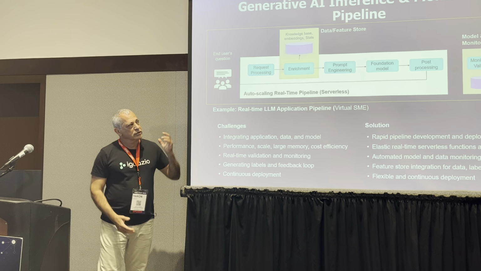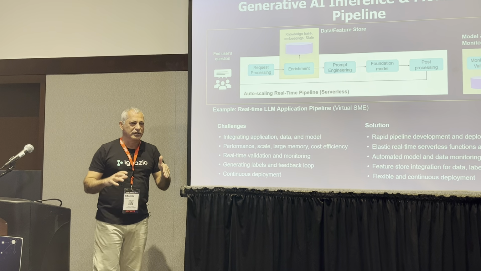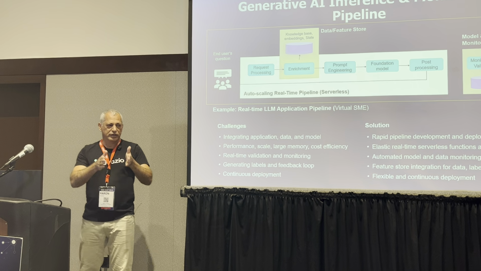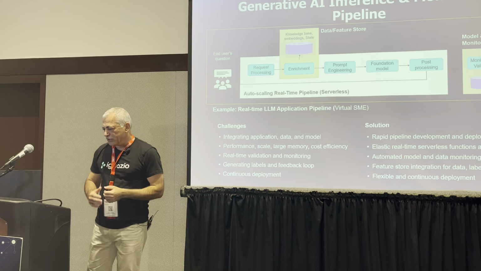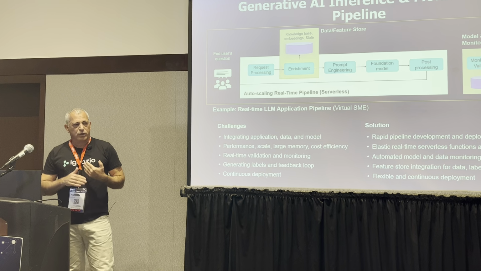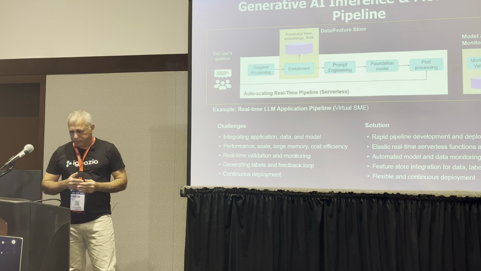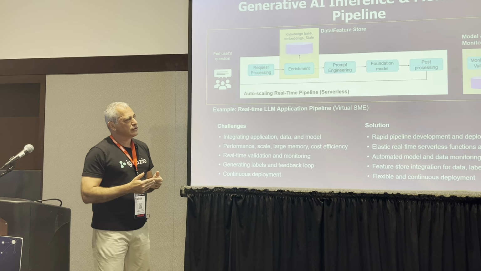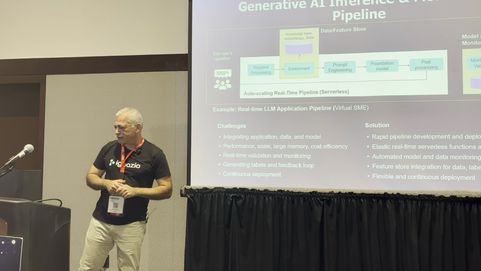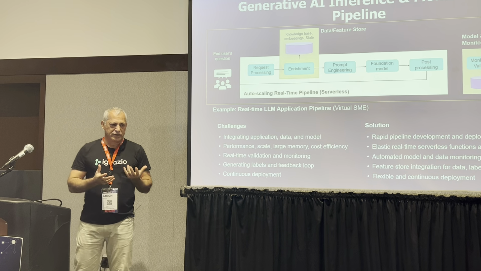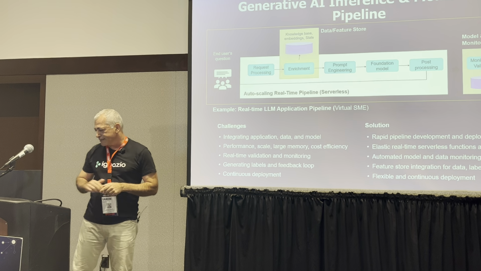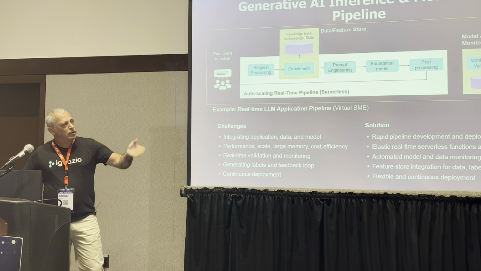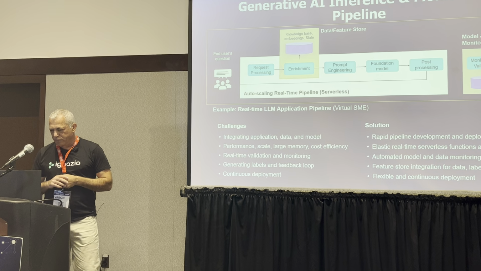So we need to take the user request and add some additional context to it and feed it into the model, again potentially doing some prompt engineering. Then we drive it into the foundation model. After we drive it into the foundation model, again, maybe some post-processing, change the text, format the text, validate that we don't have toxic answers, and so on, and respond to the user.